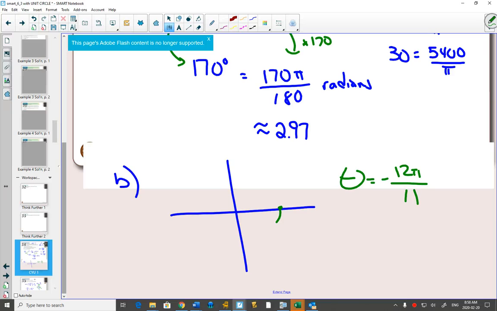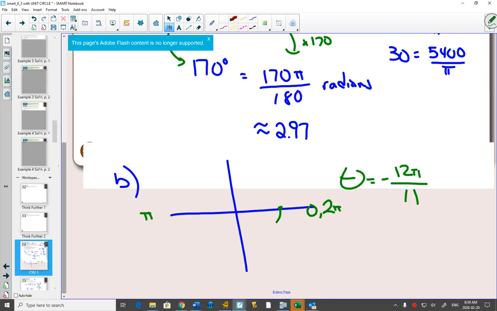Thinking in radians, all the way around is 2 pi. So here, you're starting at 0, but if you went all the way around, it would equal 2 pi. Halfway around would be pi, 180 degrees, pi radians.